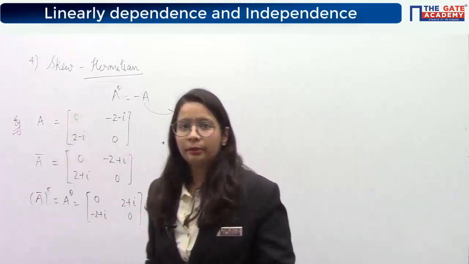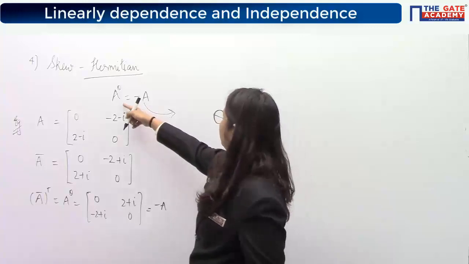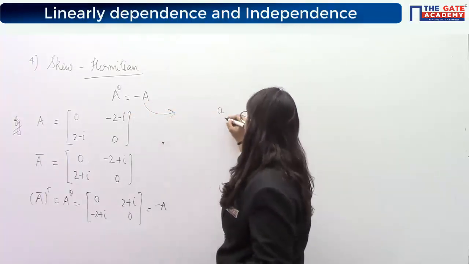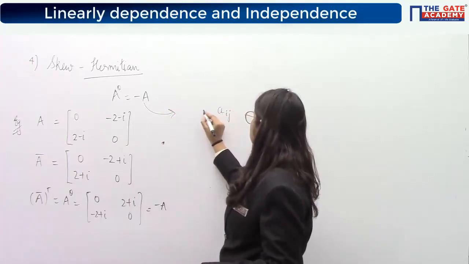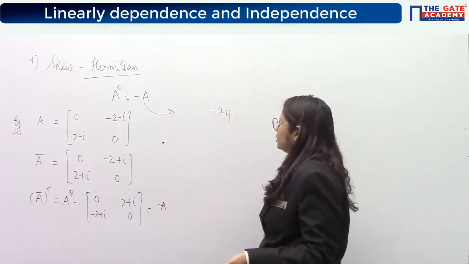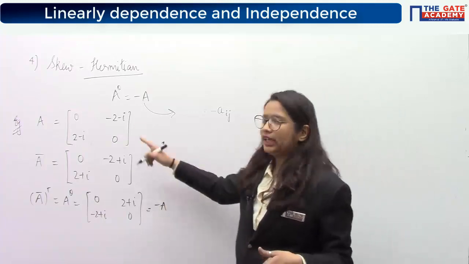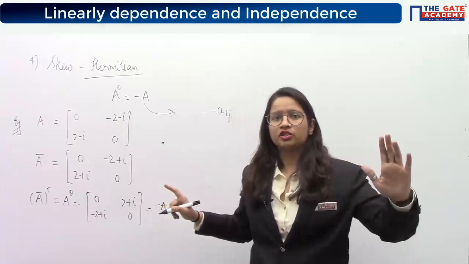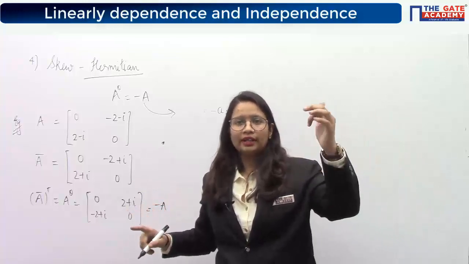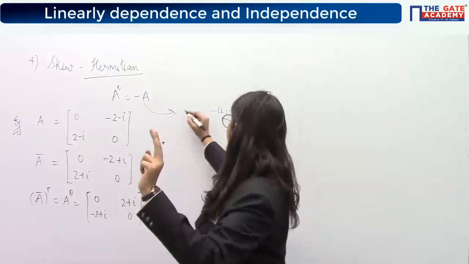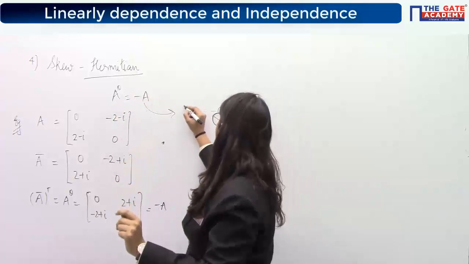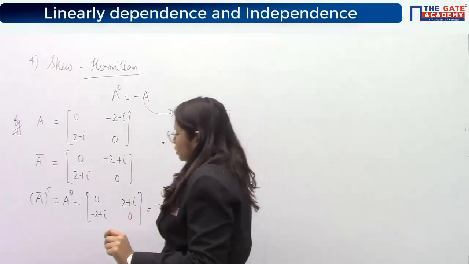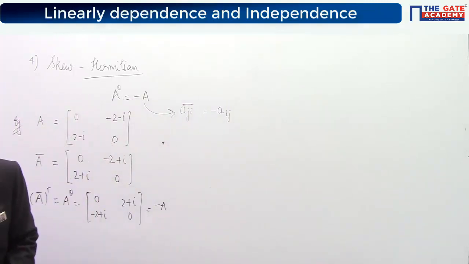Following the same analogy, I had written that A theta is equal to minus A. So if the elements of minus A are minus Aij, then the element of A theta, which is the transposed conjugate, so first of all there should be a conjugate and then it should be transposed. So can I write it like this? The elements of A theta will be the conjugate of Aji. Can I write it like this? Are you able to follow?